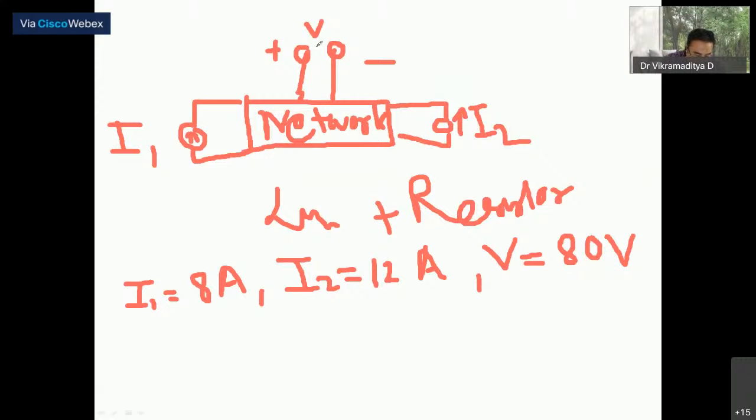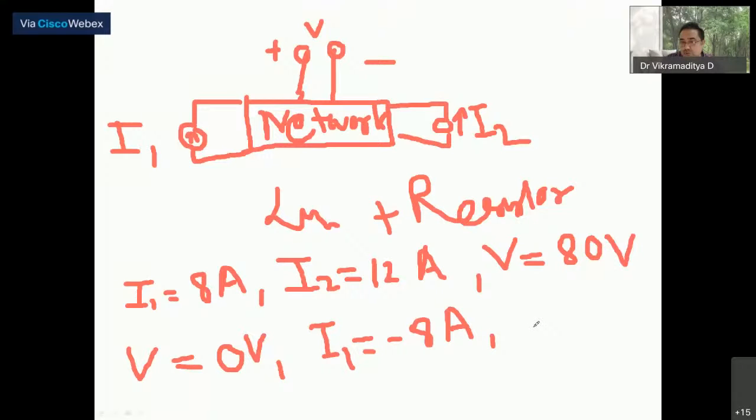Then another experiment has been done. When V is equal to 0, I1 is equal to minus 8 ampere and I2 is equal to 4 ampere.